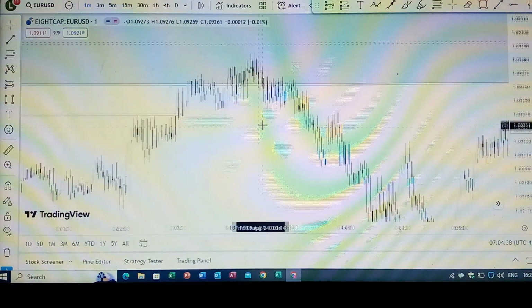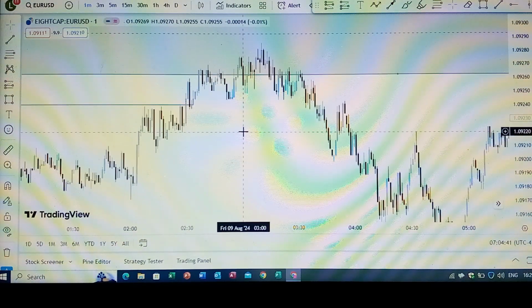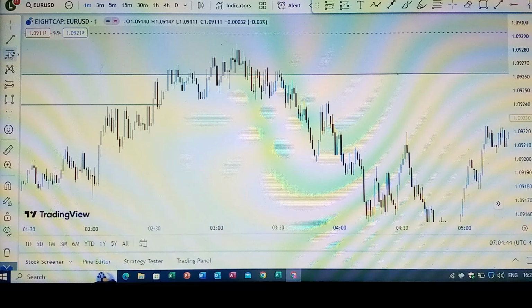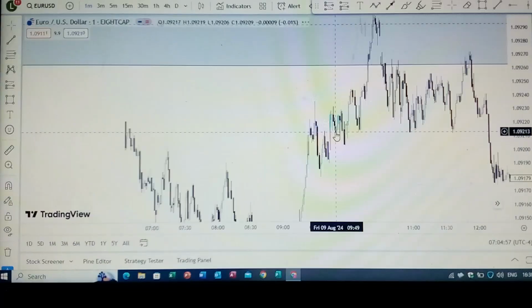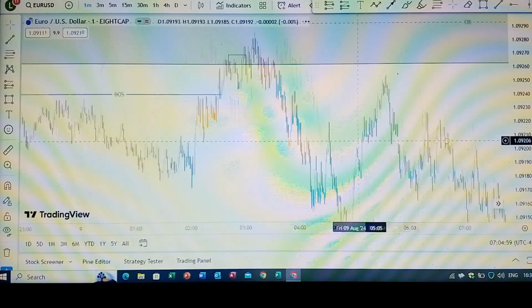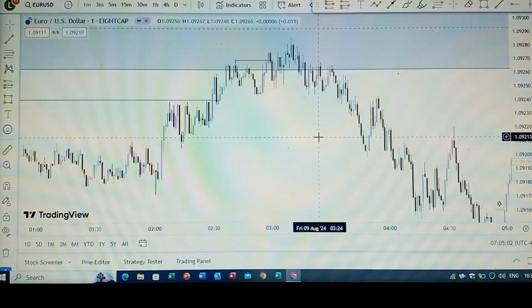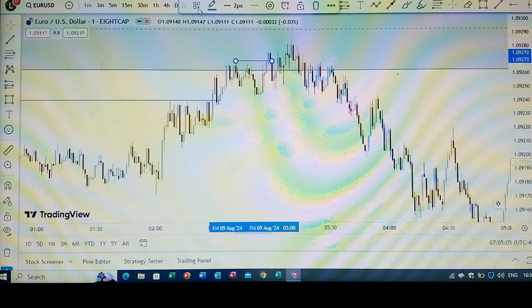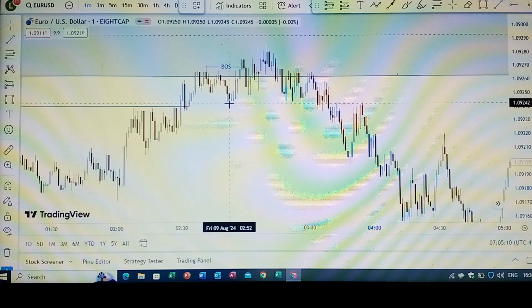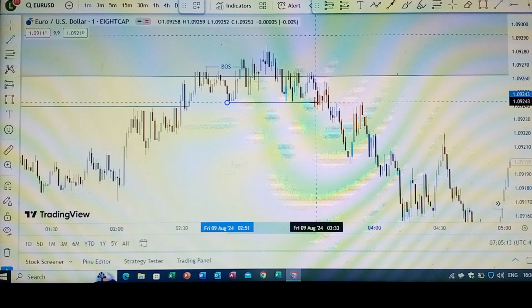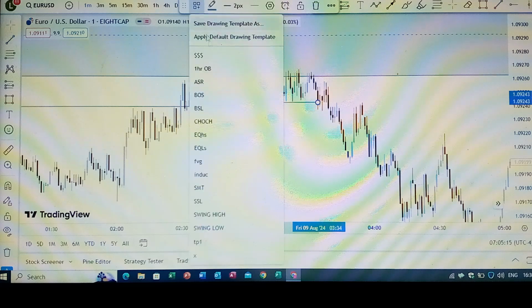I won't disclose my rule-based pullback for identifying proper market structure, but here we have another breaker structure, and we change character. So this is my breaker structure.